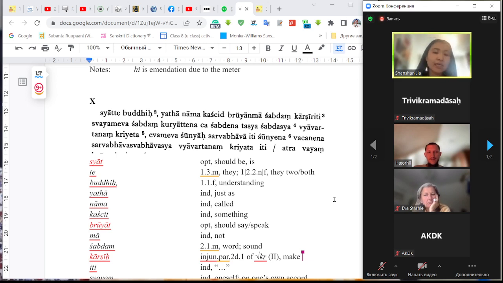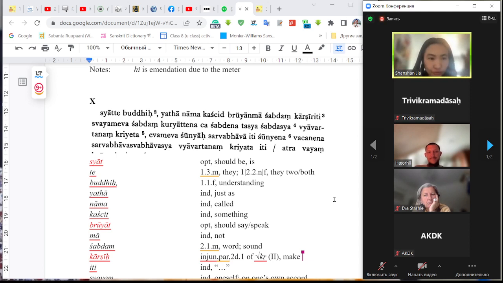Why? Because the shabda here is used in the literal sense: the word "shabda." The word "ma" is short for this whole sentence, "Kashchit puruṣo ma shabdam karshihi."